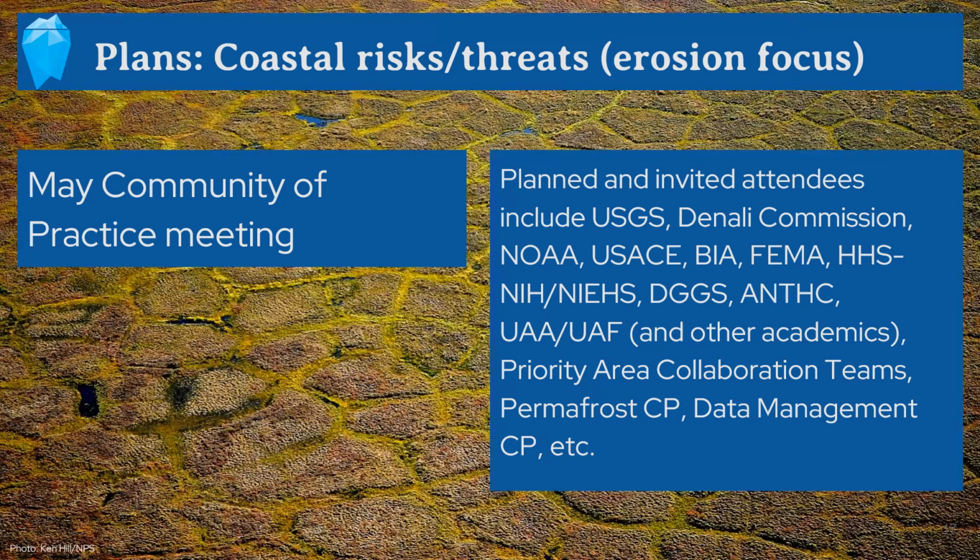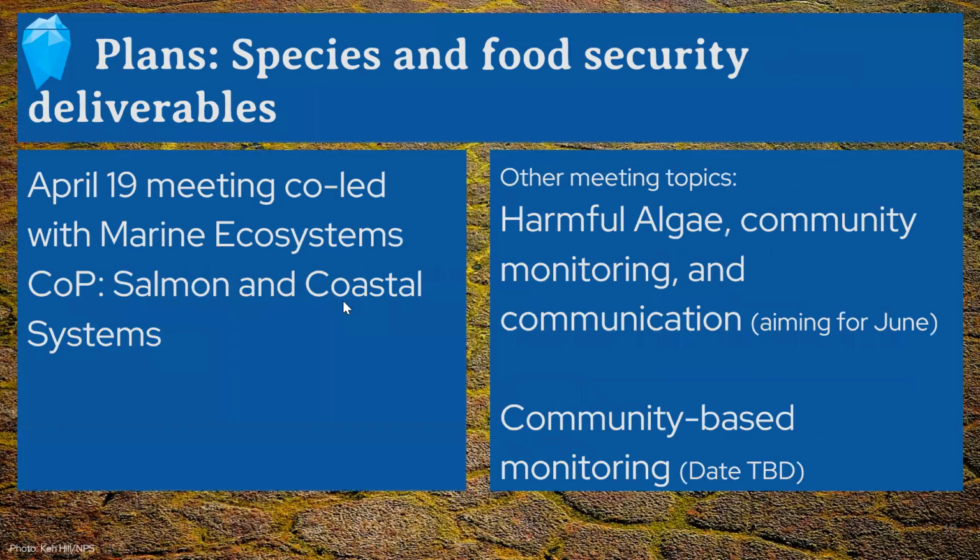In the interest of time, I'm going to go through the plans all at once, and then we can discuss. I really want to leave time for discussion. So in terms of the deliverables around species and food security, we're planning a series of meetings on different species and concerns.